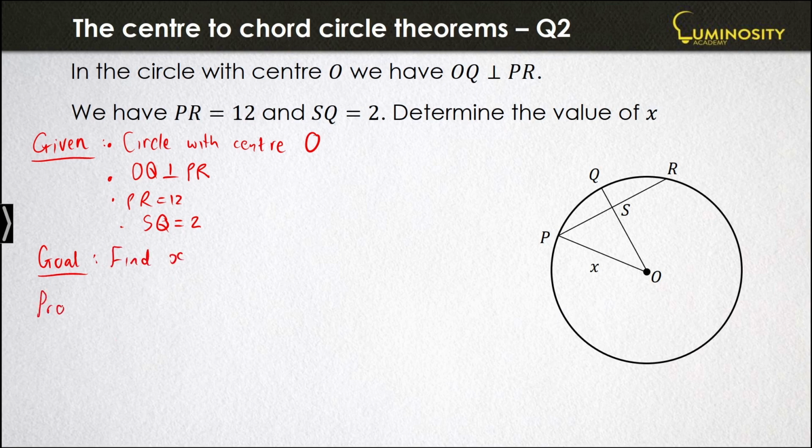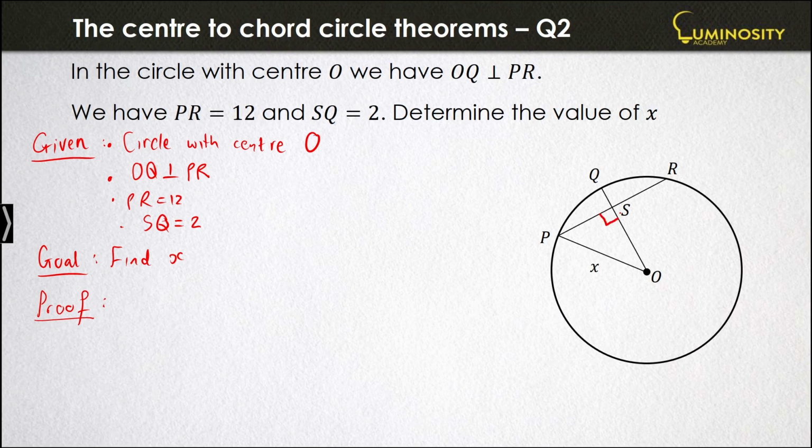Okay, so let's start our mathematical proof here. First of all, I know I have a center and a perpendicular line from the center to a chord, PR. So that enables me to use a certain theorem. I'm going to put a 90-degree angle in here because that was given.